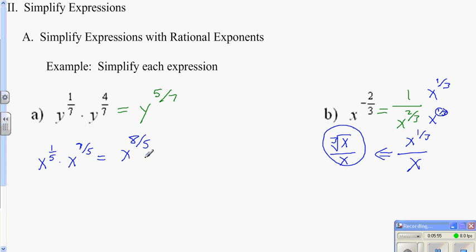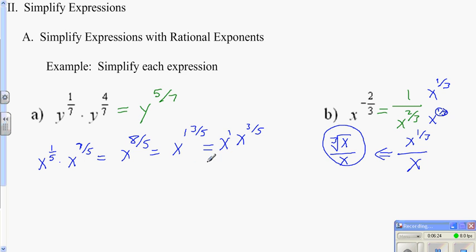Now how do we simplify that? Here's where I'm going to get back to the notes where I had 5 steps for you with fractional exponents. I'm going to rewrite 8/5 as a mixed fraction, which is 1 3/5. Then I'm going to separate that as x to the 1, x to the 3/5.